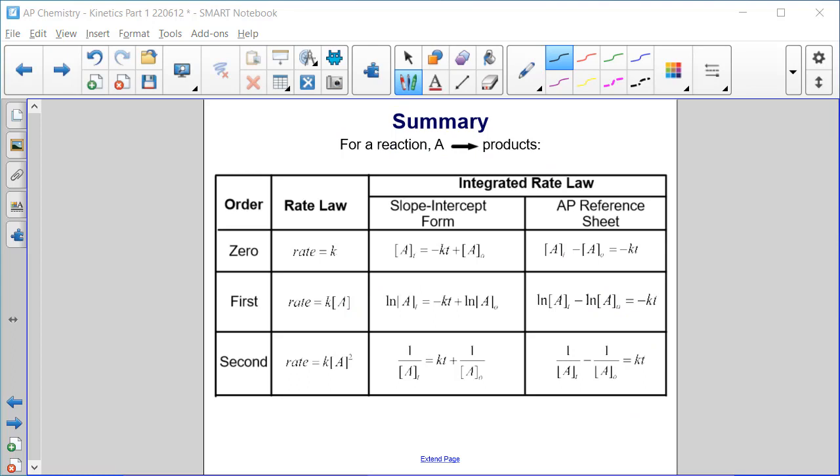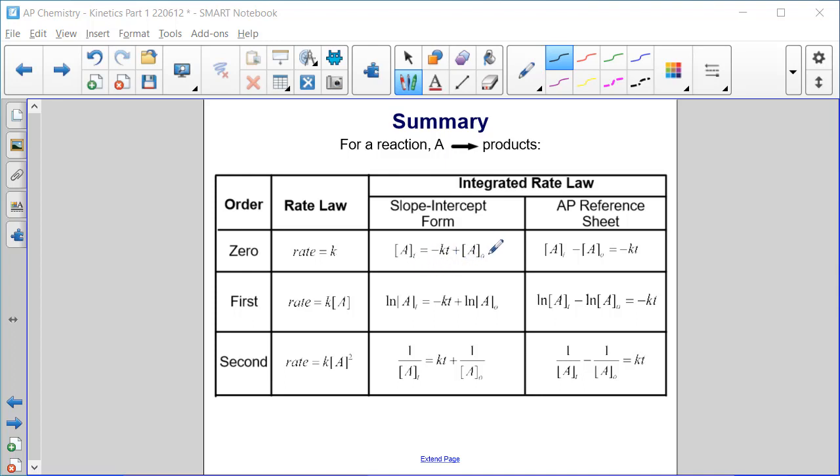Okay, so here's a summary of rate laws and integrated rate laws for a reaction where generic reactant A produces products. For a zero order reaction, the rate is equal to the rate constant K. In slope-intercept form, y equals mx plus b form, we plot concentration of A with respect to time on the y-axis, time on the x-axis.